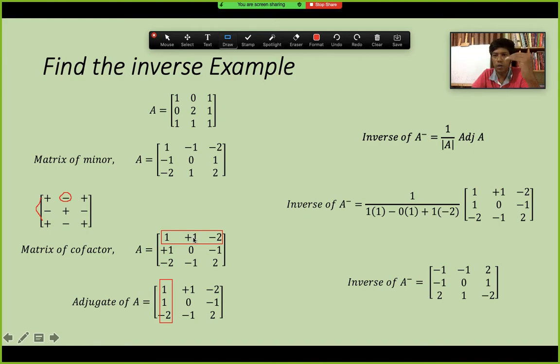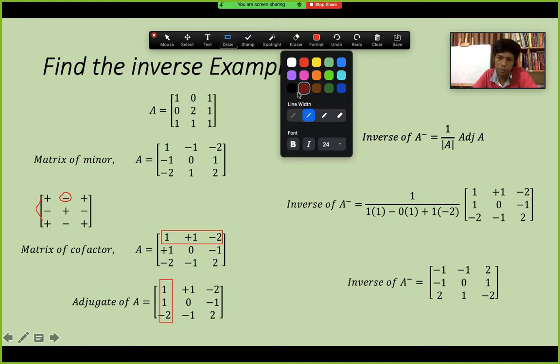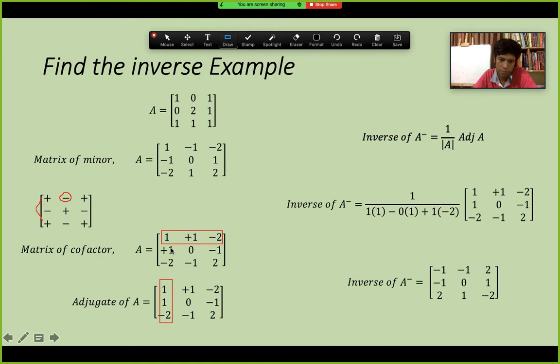We make all the rows into columns. So this line becomes here, and then this line is here, then this line is here, like this. Let me draw another box. Then this thing will become here.